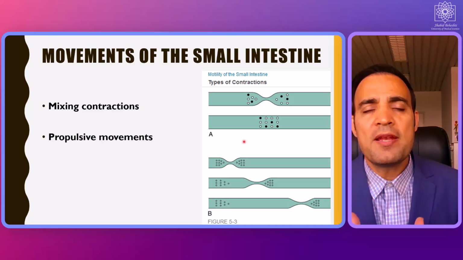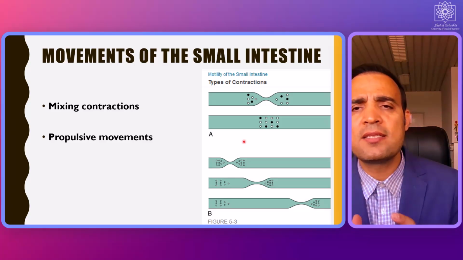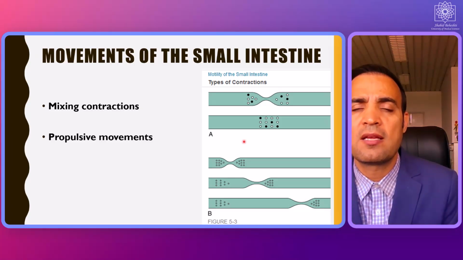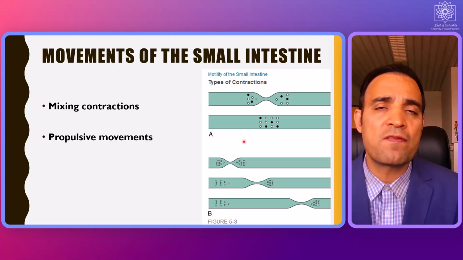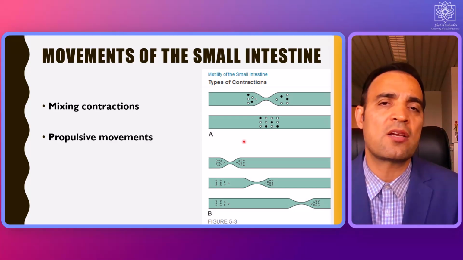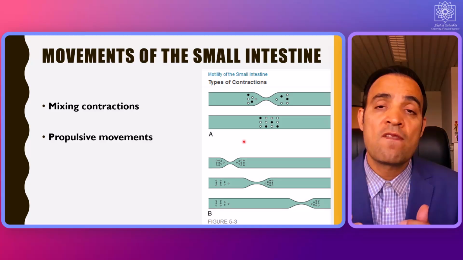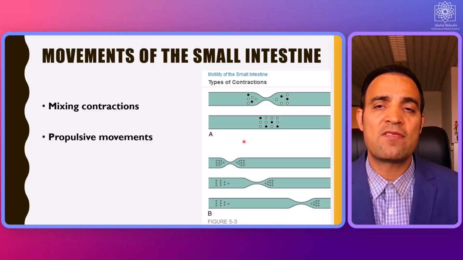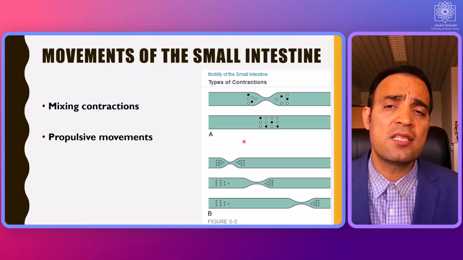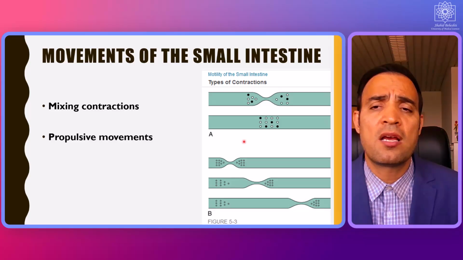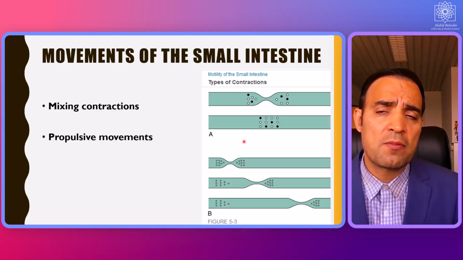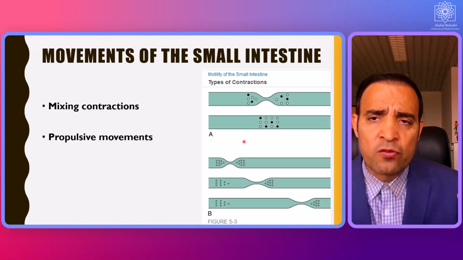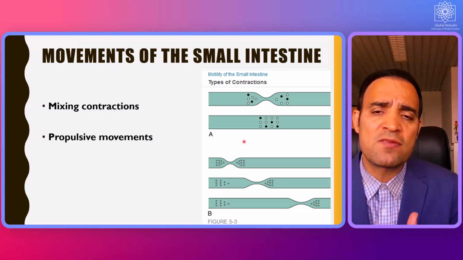Now that food enters the small intestine, it is time for those typical movements that I told you before. One of the movements that we have in the small intestine and then in the large intestine is the mixing movement. And I told you that mixing movement helps the food content to be completely mixed with each other.